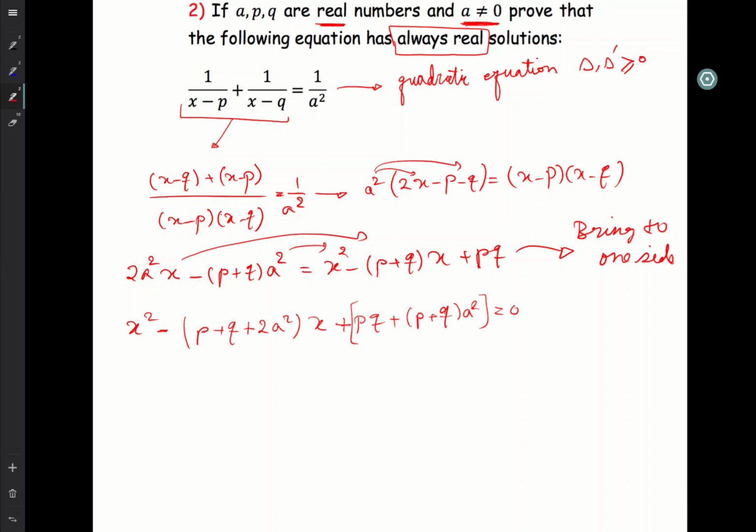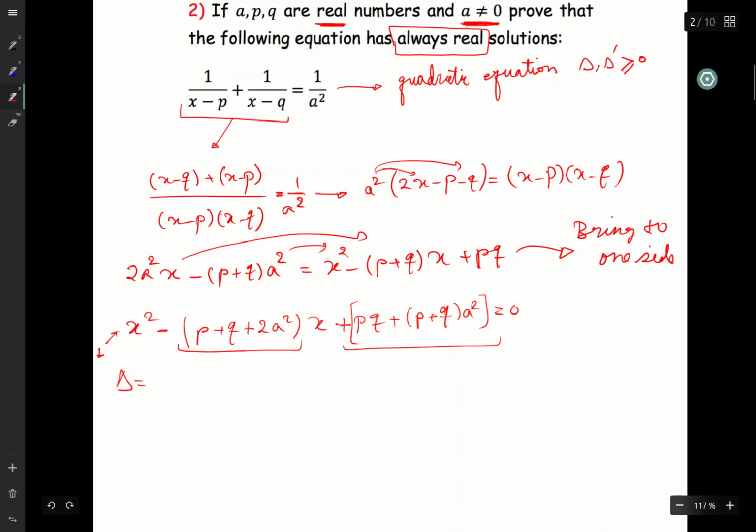We expected that. The coefficient of the leading term is 1, the coefficient of x is minus this term, and the third coefficient is this.